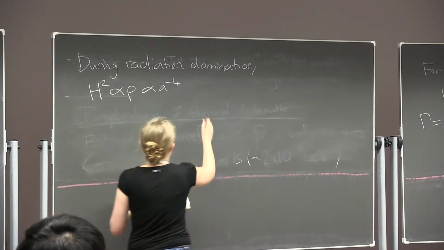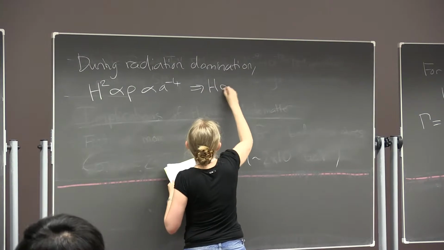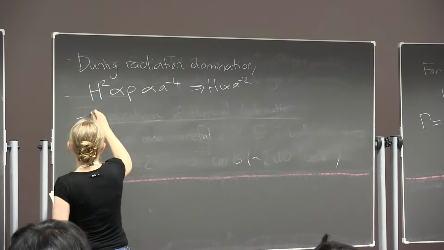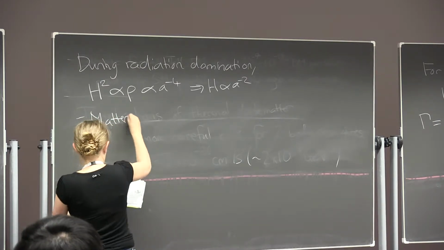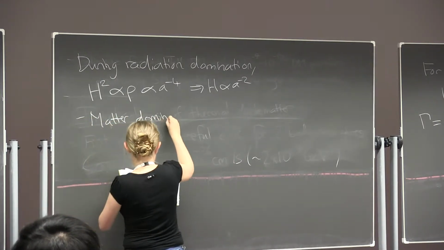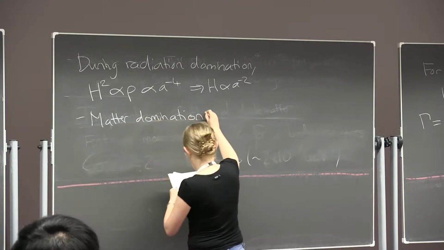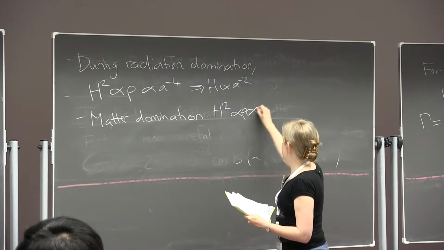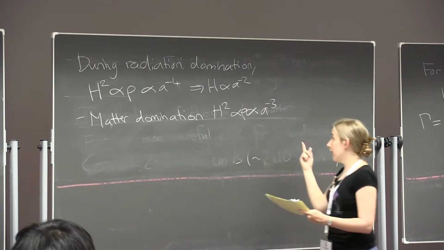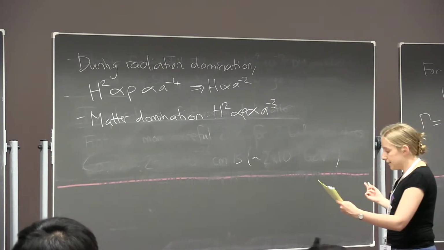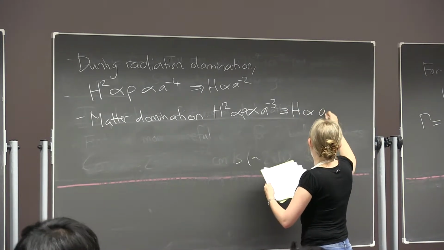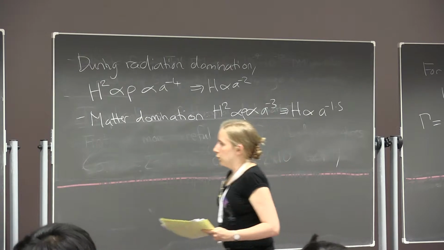So H is proportional to a to the minus 2. Whereas during matter domination, H squared is again proportional to the density, but now that scales as a to the minus 3 because matter is dominating the energy density. So H is proportional to a to the minus 1.5.